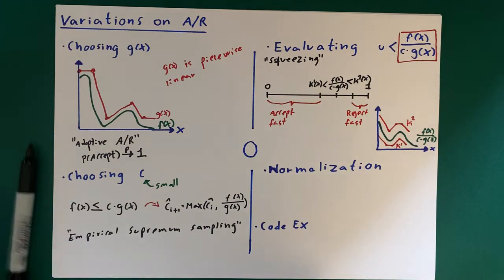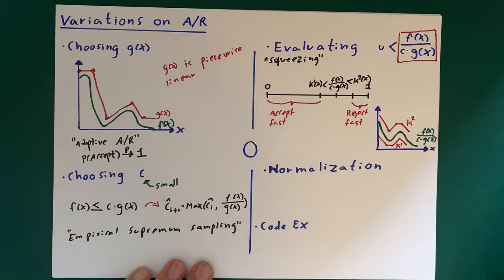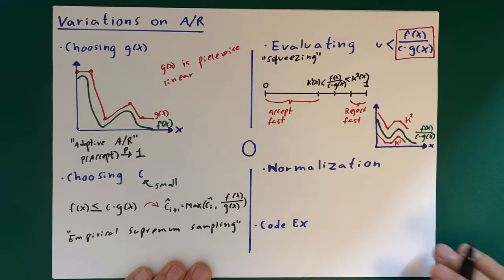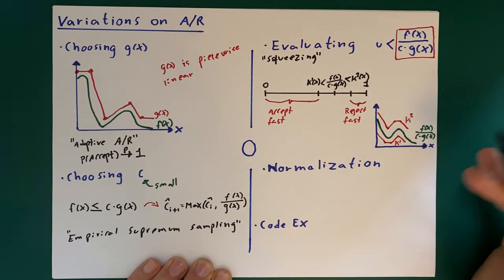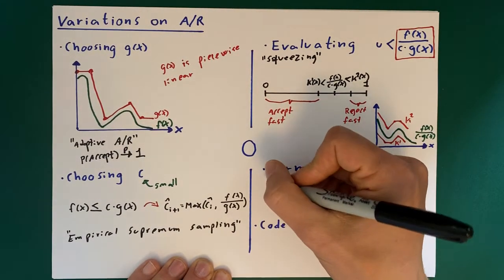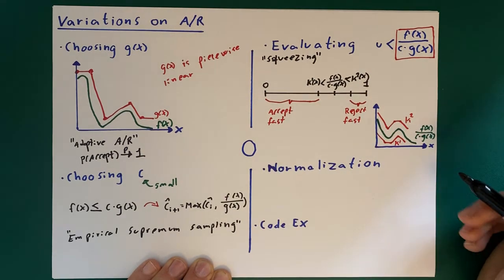Now, the next thing is not as much a problem that's being solved as it is just an interesting fact, which is also quite important, even though it's not clear in most cases why it's important. That is that we don't actually need to know the normalization constants.